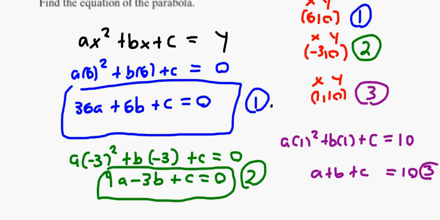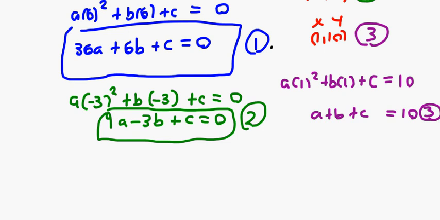Now, what I'd like to do is get rid of the c value straight away. Anybody have an idea how to get rid of the c value straight away? Get equation 1 and take away what? You can take away equation 3, can't I? Everybody be happy to take away equation 3? What do I get?